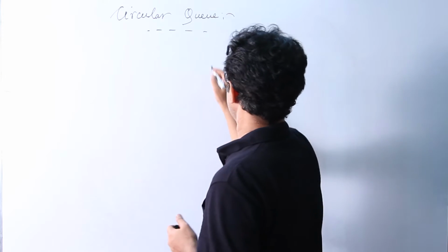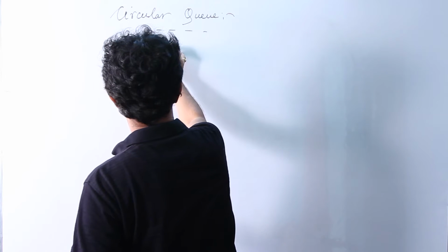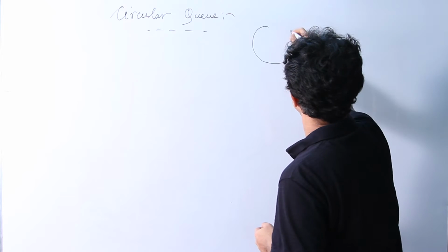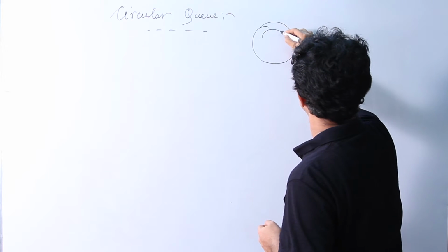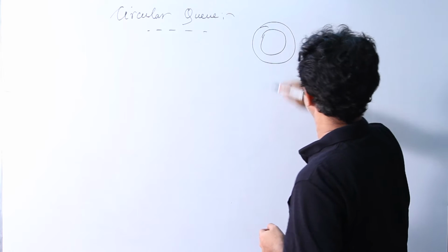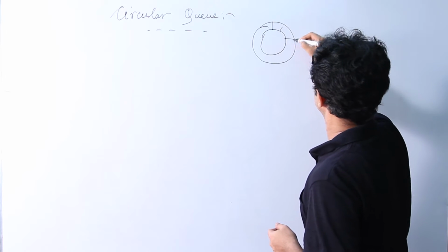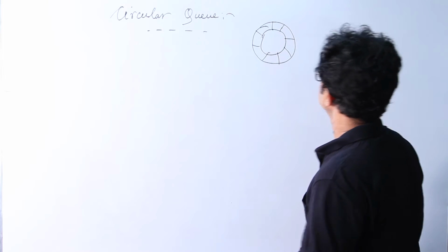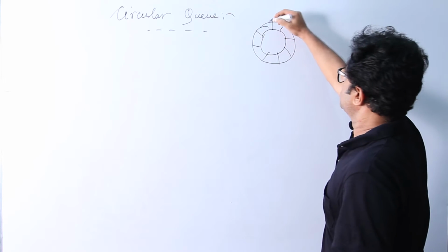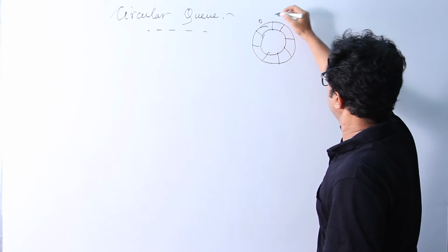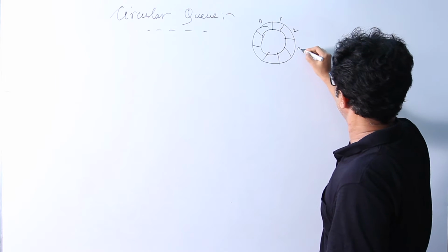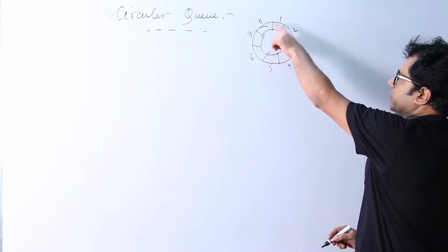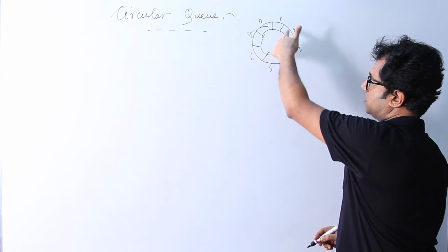Suppose there are some positions here. Let me give the numbers 0, 1, 2, 3, 4, 5, 6, 7. Suppose there are 8 cells in this array.